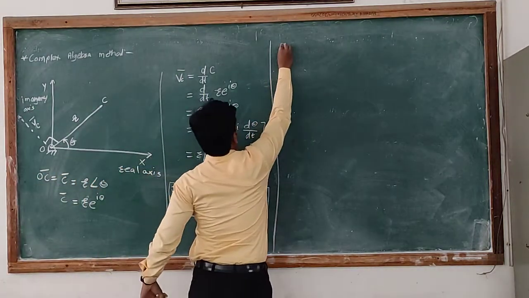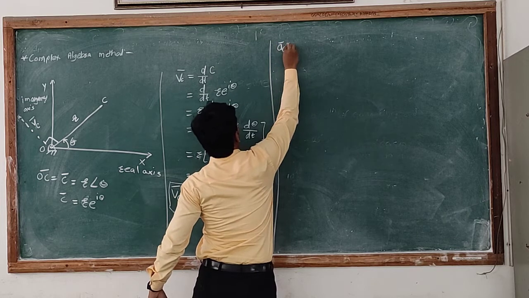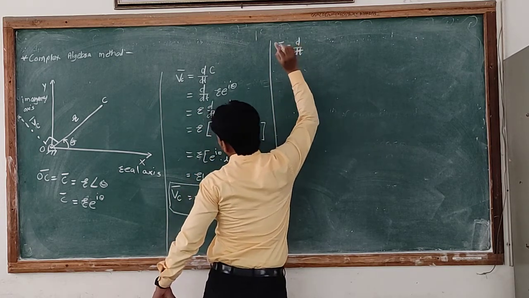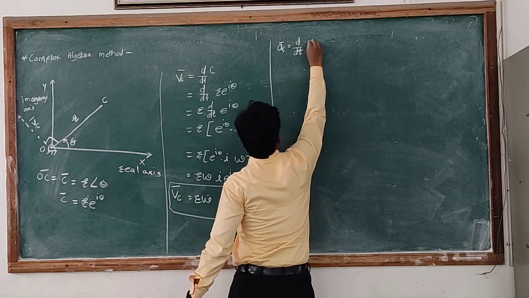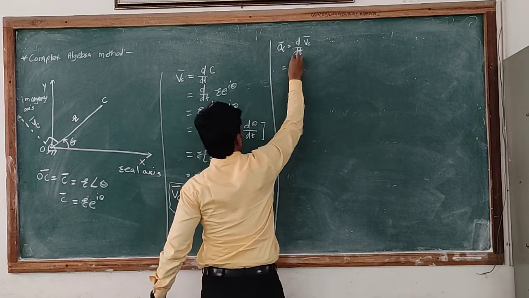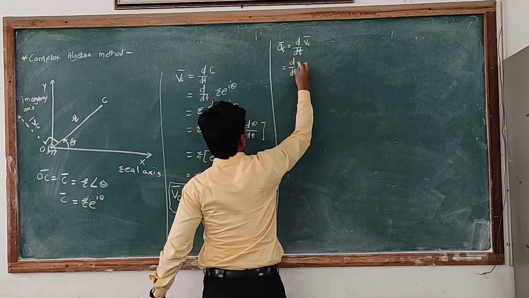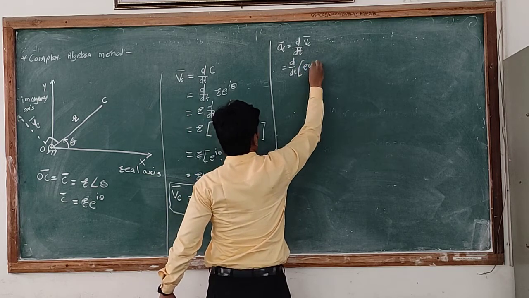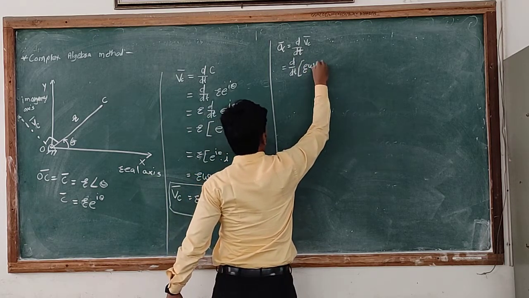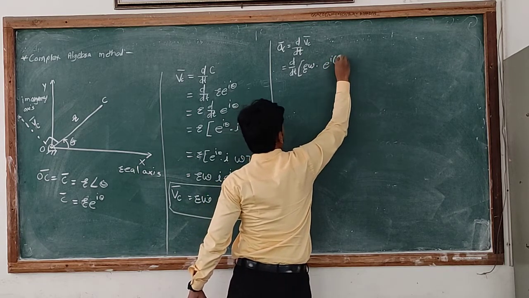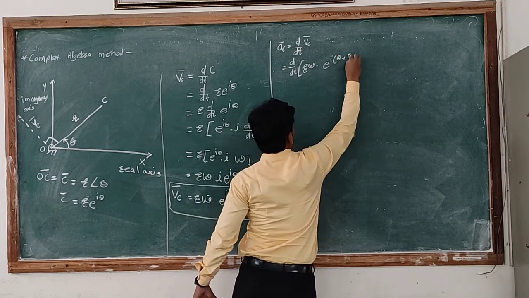So the acceleration AC bar is equal to d by dt of VC bar. So it is equal to d by dt of R into omega into e raised to I into theta plus pi by 2.